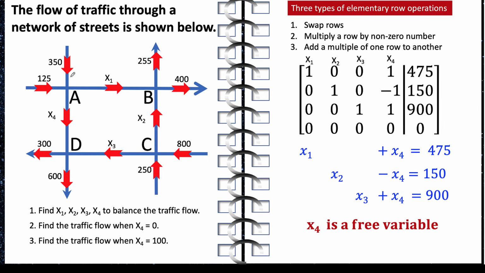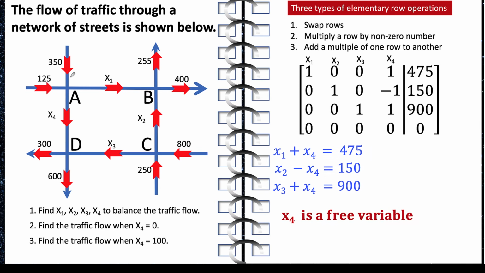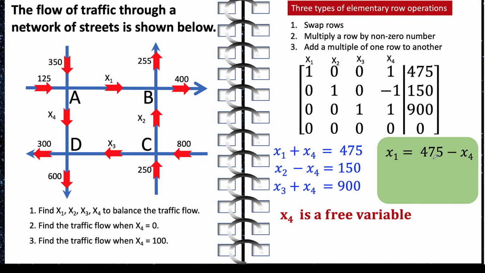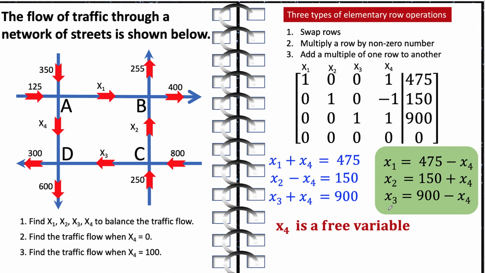Based on that assumption, we can now determine the possible values for x of 4 based on these equations. Notice that if x of 1 plus x of 4 equals 475, that is equivalent to x of 1 equals 475 minus x of 4. The same for the second and third equations. X of 4 would always be the other variable that we need in order to find x of 1, x of 2, and x of 3.